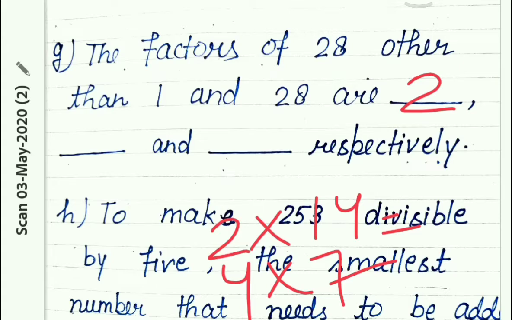By 4, 4 7s are 28. Yes, next will be 4, and after 4 comes 5, which will not divide, because 28 is not divisible by 5, and not by 6 also. After 6 comes 7, by which it is divisible. 7 4s are 28. So the next number will be 7. Is that clear?